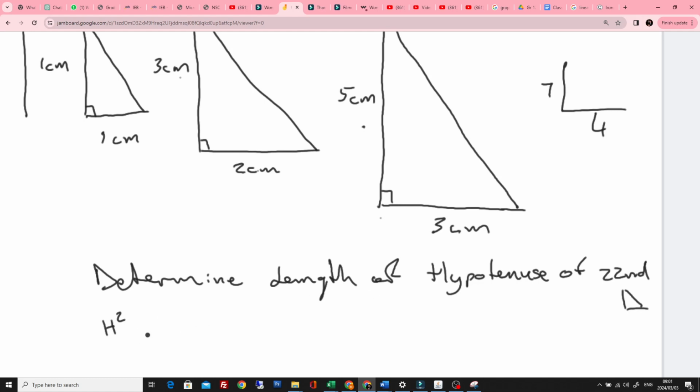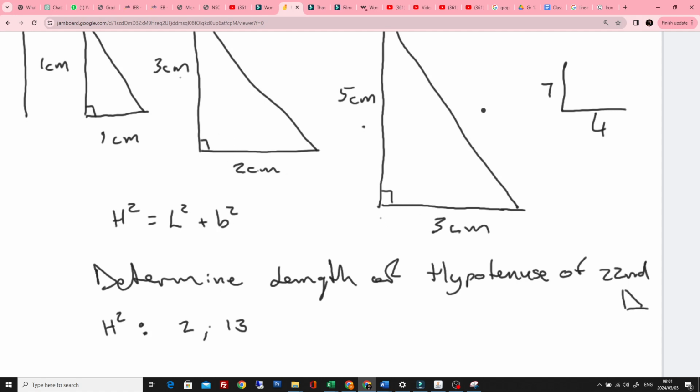So hypotenuse squared, I can get a pattern for. For my first triangle, it's just going to be 1 squared plus 1 squared. For my next triangle, it's going to be 3 squared plus 2 squared. Okay, so I'm just using one side squared plus the other side squared.